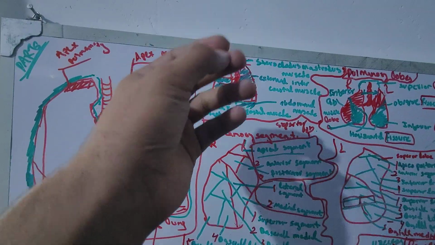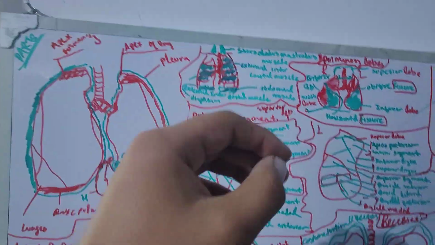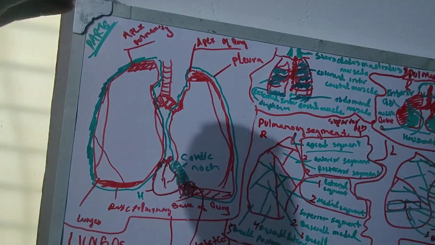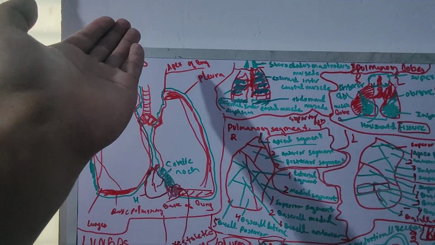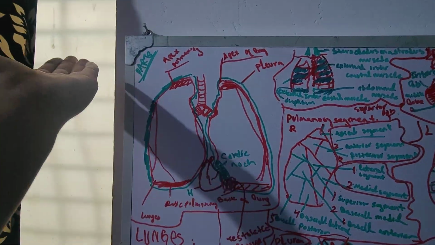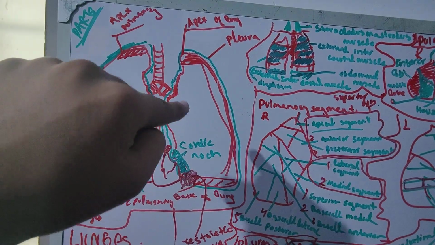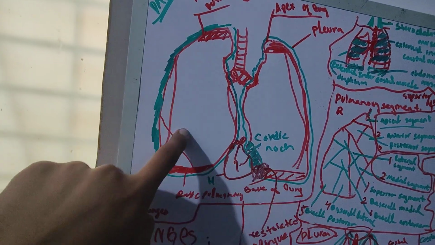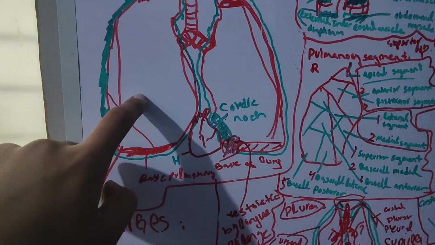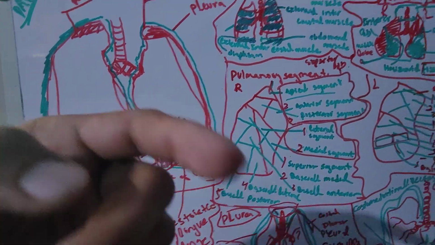First of all, pulmonary ventilation. It's the coming of air from the outside environment into the lungs. And then we have external respiration.